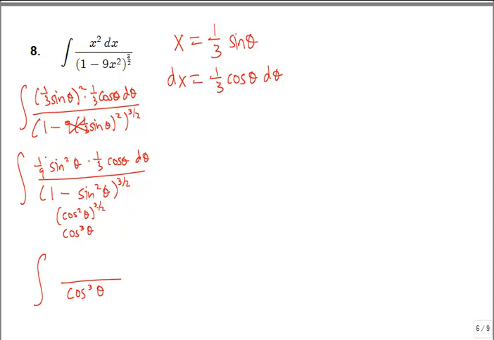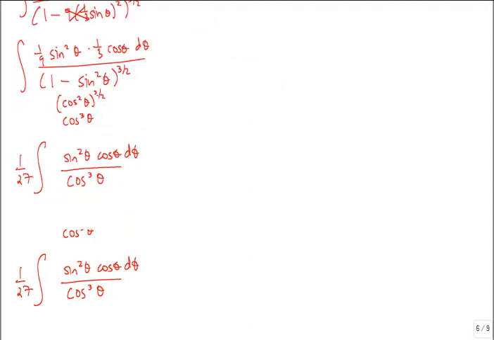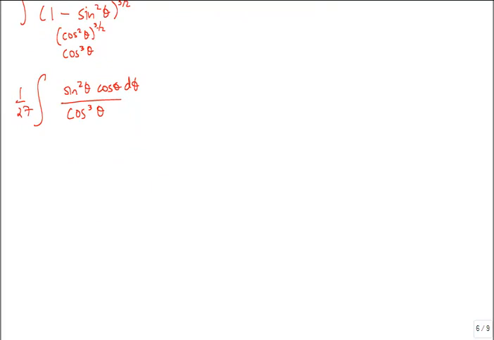And on the top, we have that 1/9 times that 1/3, which is a 1/27th. And I still have that sine squared theta and this cosine theta d theta. All right, I can cancel one of these cosines. So we're going to be left with sine squared theta over cosine squared theta d theta. So we've got a fraction here. Sine over cosine would be tangent.